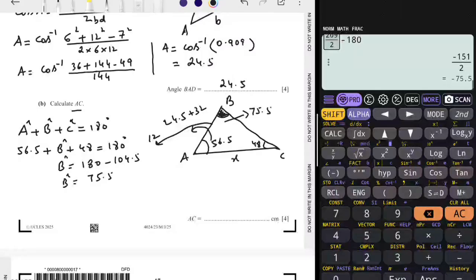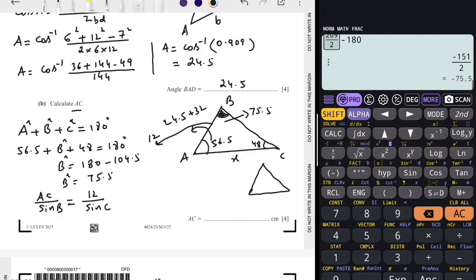Now we know the sine law. As we have to find out x, that is AC, it would be AC over sine B is equal to 12 over sine C. Let me draw a diagram again.